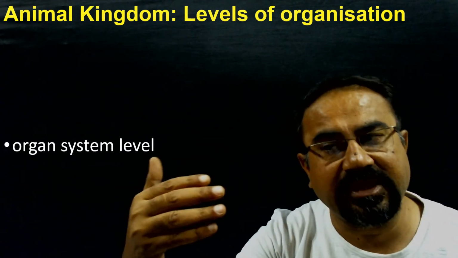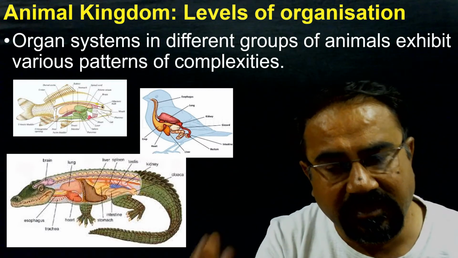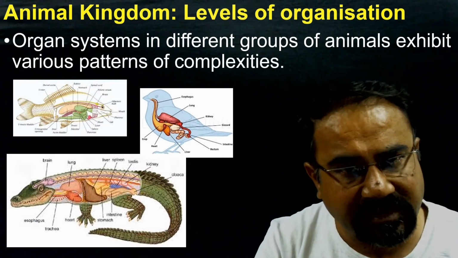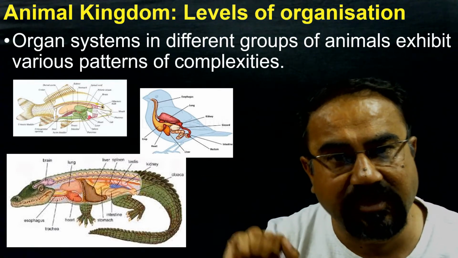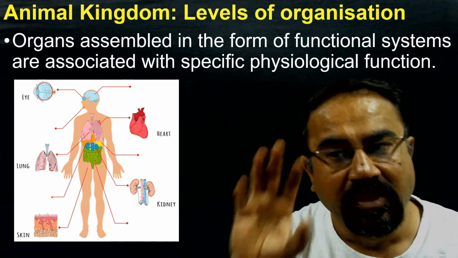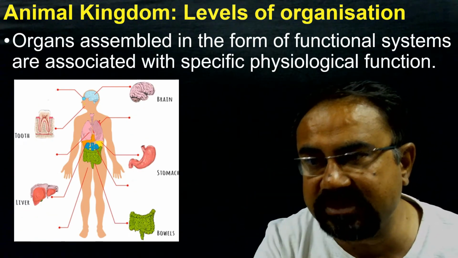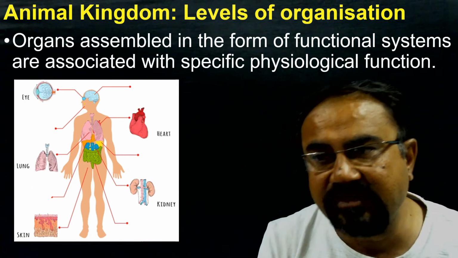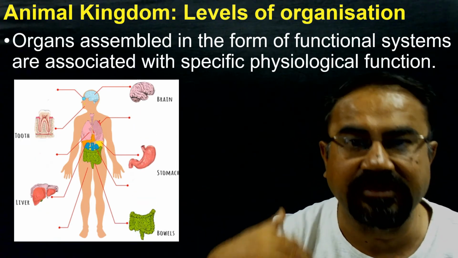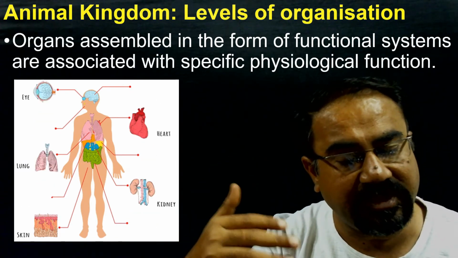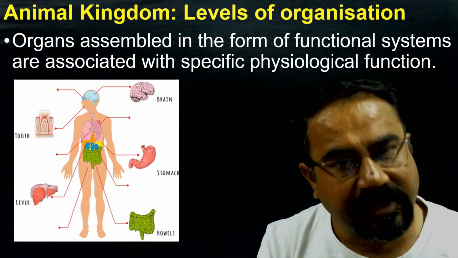उसका एक स्टेप आगे जो है, that is organ system level. The organs in the systems of different animals show different kinds of complexity. उसकी जो पैटर्न है कॉम्प्लेक्सिटी की वो अलग अलग होती है. Organs are assembled in the form of a functional system, और वो जो functional system है that is associated with a particular physiological function like respiration, transportation of blood, circulatory system or reproductive system.